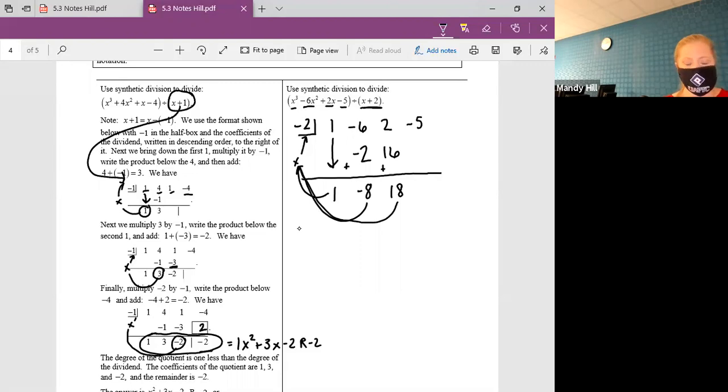And 18 times negative 2 is negative 36. Then you add these two numbers, negative 5 and negative 36 is negative 41. Okay, these first three numbers are your answer, and the last one is going to be your remainder.